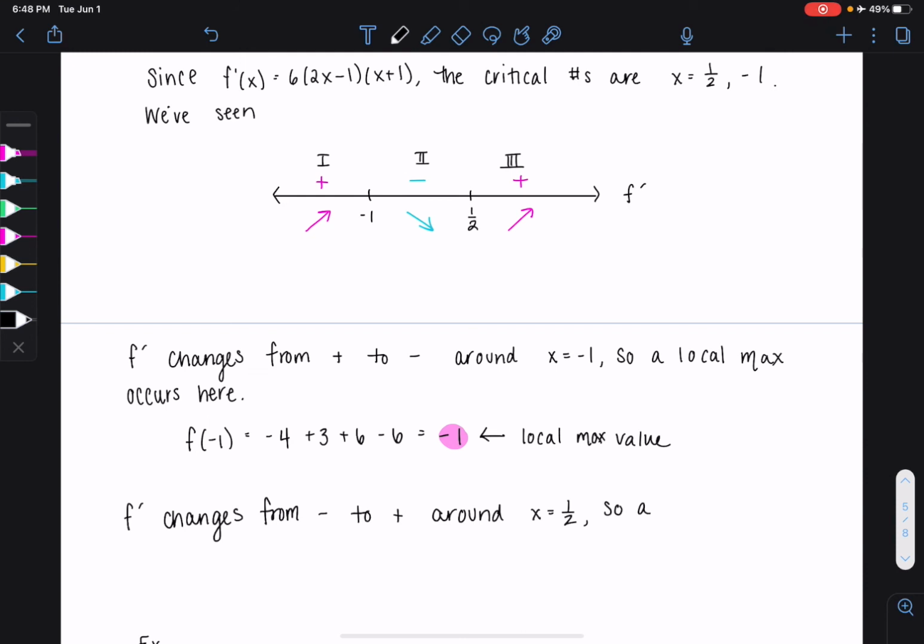So a local min occurs here. Again, to get the local min value, you would plug that back into your original function. So if you do that, you would end up getting -5/4. So this is our local min value.